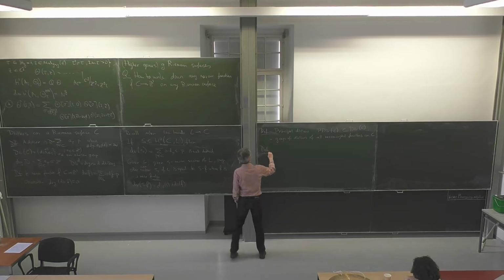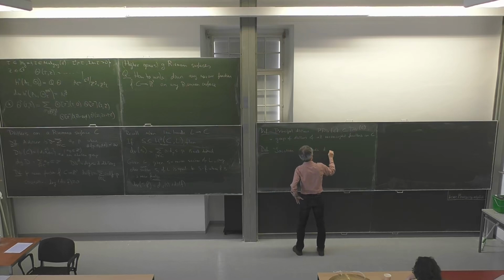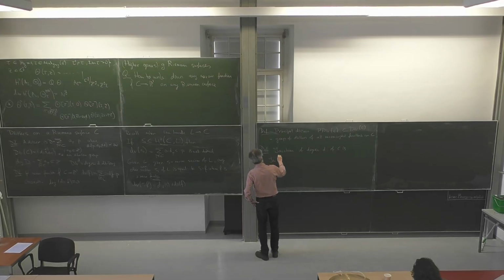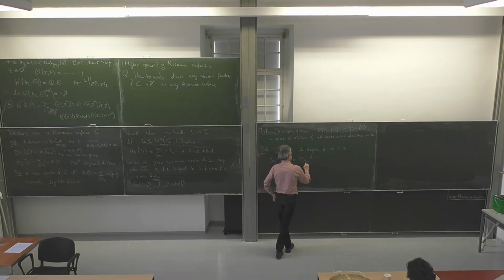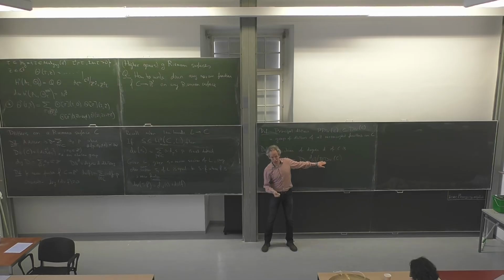Definition. The Jacobian of degree d of C is the group of divisors of degree d, quotient by principal divisors. So notice all principal divisors are divisors of meromorphic functions. They have degree 0.